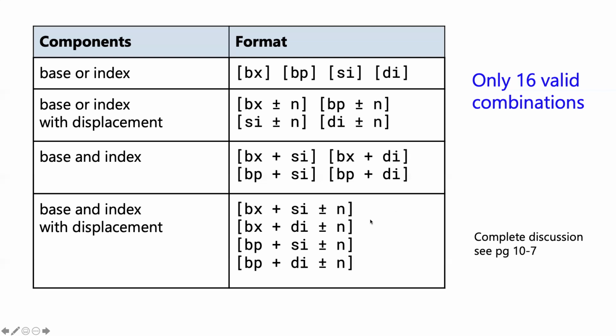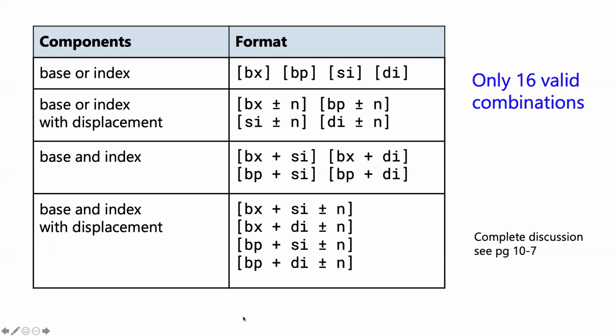The base part is a pointer, and it's got to either be the BX register or the BP register. If it's BP, then this is going to index something in the stack segment. If it's BX, it's going to index something in the data segment.